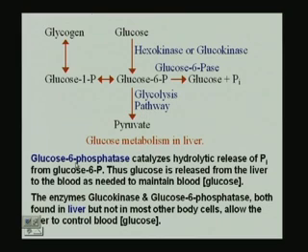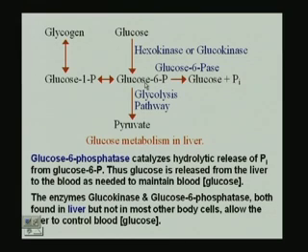Then glucose 6 phosphatase catalyzes the hydrolytic release of Pi from glucose 6 phosphate. So, you had glucose 6 phosphate formed, but there is another protein, glucose 6 phosphatase, that can release the phosphate, but this happens only in the liver, where the glucose can be stored.